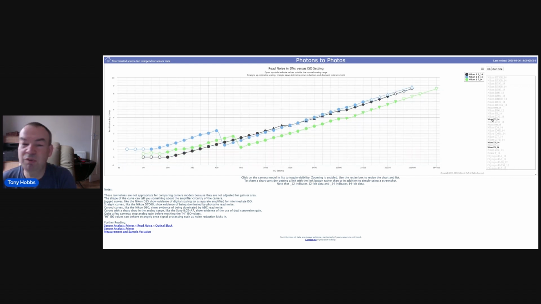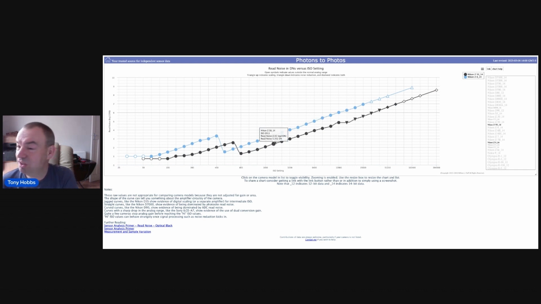So the ZF, and interestingly, the Z5 2. So the Z5 2 and the ZF are pretty much identical because I think they have the same sensor in them. I actually quite like the idea of a Z5 2 or a ZF because they're lighter than the Z8 for walking. So let's have a look at the Z8.